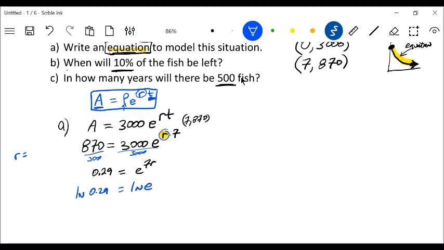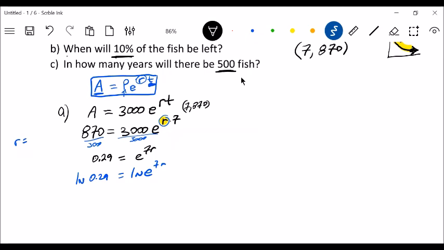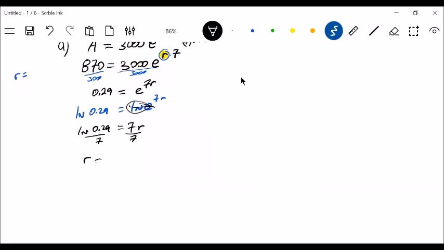So 0.29 is equal to natural log of e^(7r). So this part cancels itself out, and we have 7r equals natural log of 0.29. Let's divide by 7. So we have r equals natural log of 0.29 divided by 7.